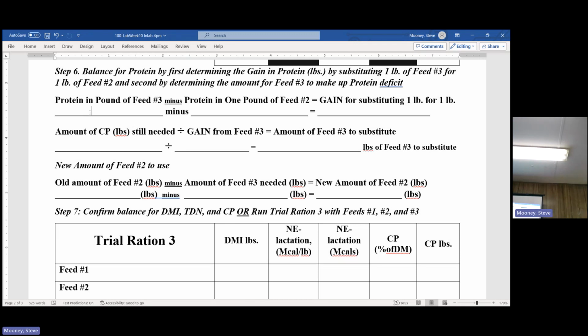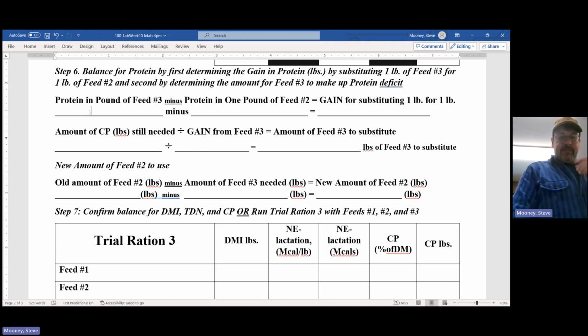Oh, we do that for both feeds. Generically speaking, 1 pound times crude protein percent over 100 equals pounds in 1 pound.